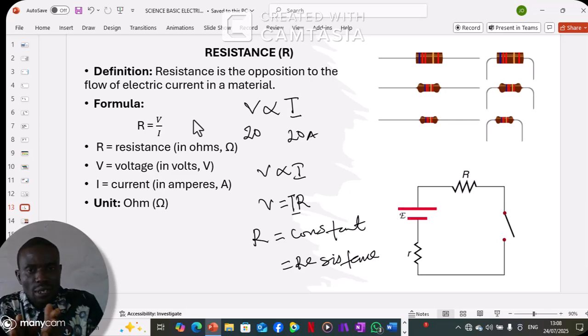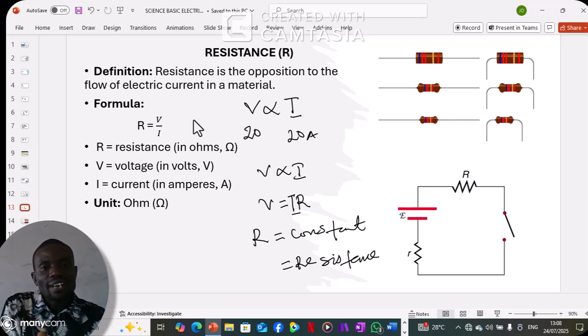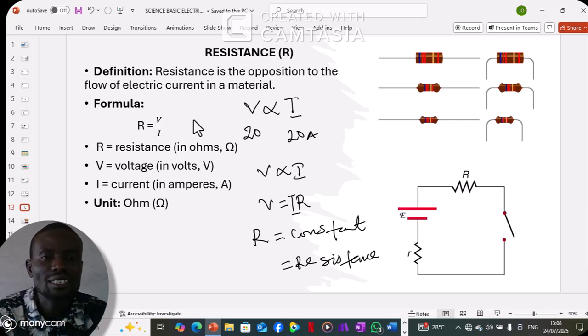Suppose the volume of water in the pipe is 20 cm cube, and there is a device inside the pipe that will only allow maybe 10 to come out. That device that is restricting the flow of water is what we call resistance, and the device itself is called a resistor.